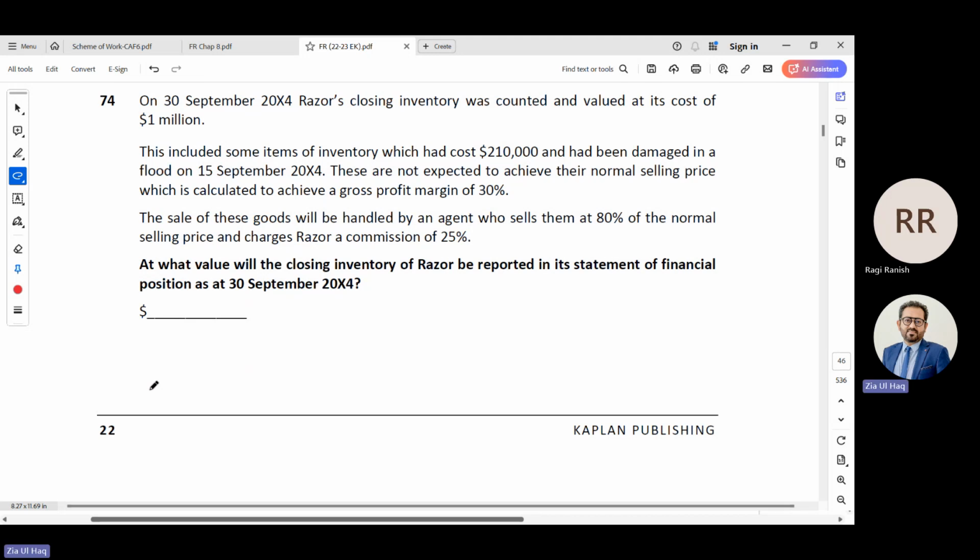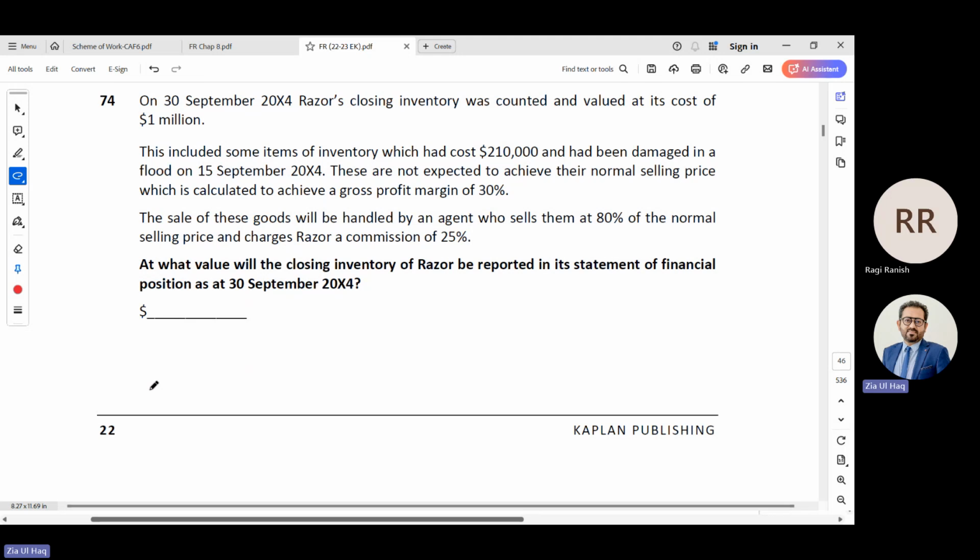So on 30th September 2024, the closing inventory was counted and valued at its cost of 1 million. This includes some items of inventory which had cost 210,000 and had been damaged in a flood on 15 September 20x4.